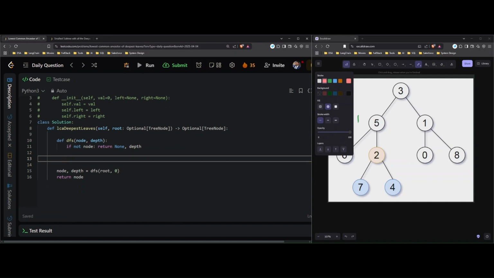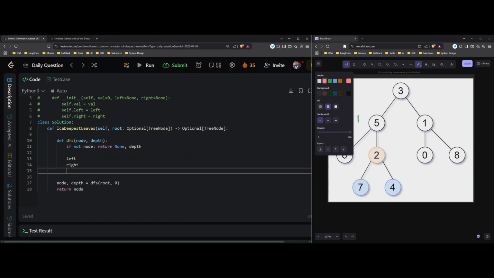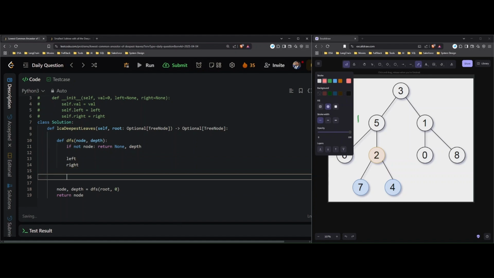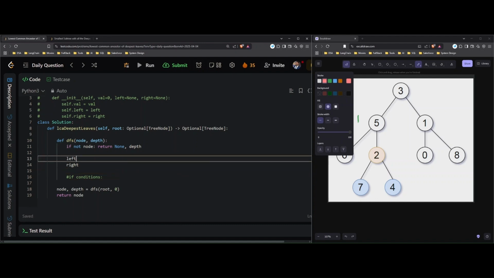Now, we will use our DFS. In DFS, we first move to the left, then we will move to the right. Then we'll have some if conditions. So this is the basic thing of it. Now, to move left, we need two things, as in the DFS.